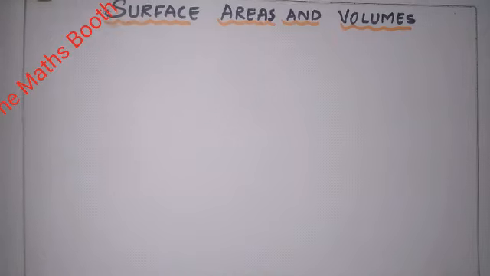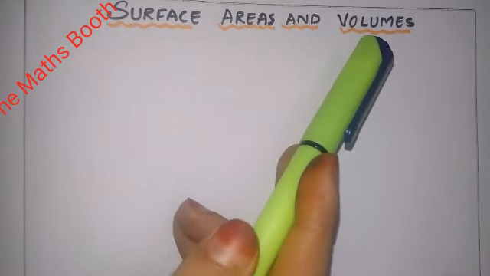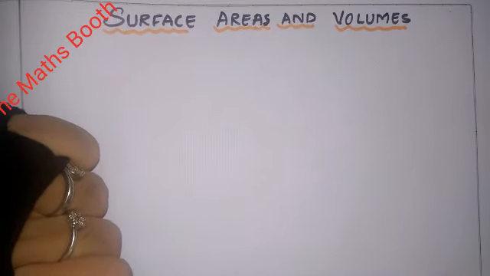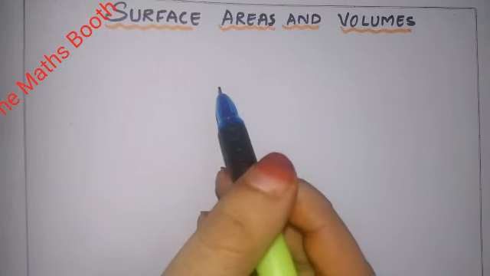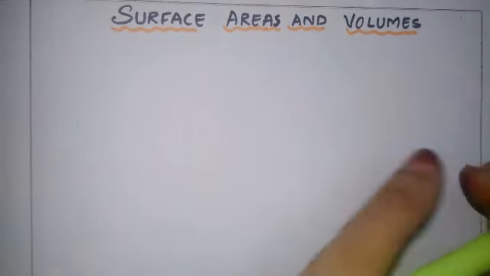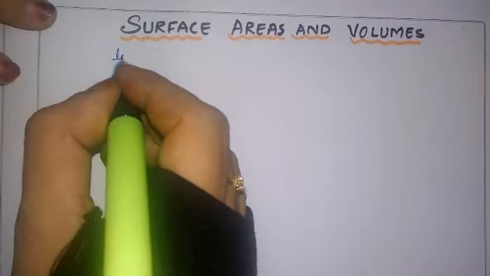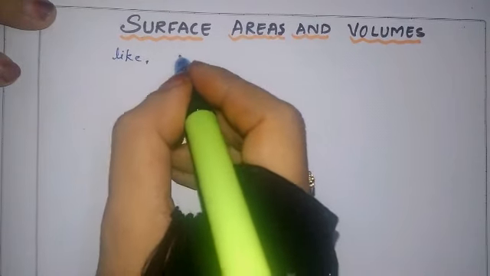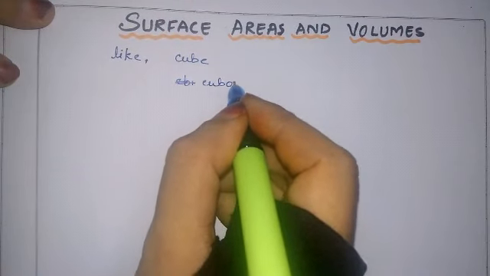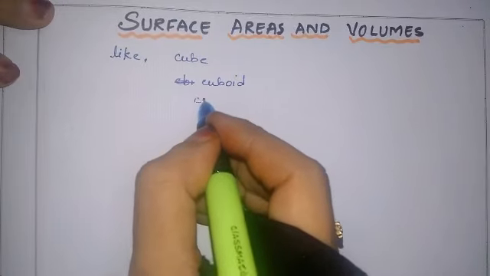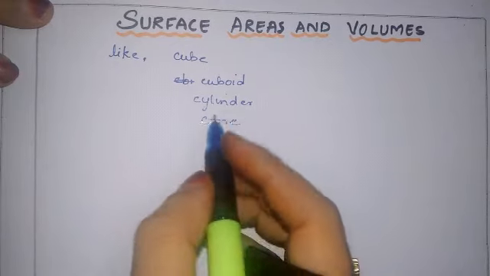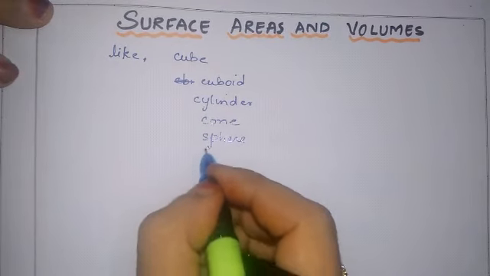Today I am here with a new topic, that is surface areas and volume of class 10th. In your previous classes, like 9th standard and 8th standard, we have learned about surface areas and volume of different solids like cube, cuboid, cylinder, cone, then sphere, hemisphere.